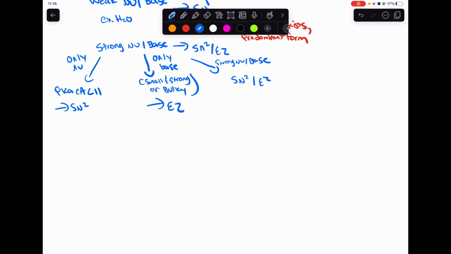And this is where we would be able to break it down even more. If our solvent is protic, so a hydrogen bond donor, then E2 predominates. Aprotic would be SN2.